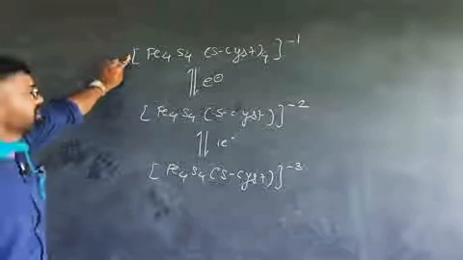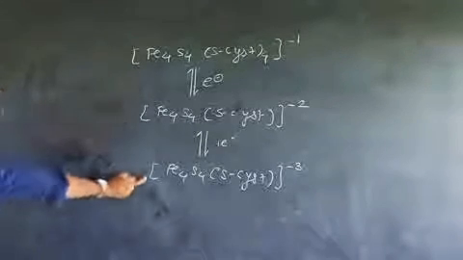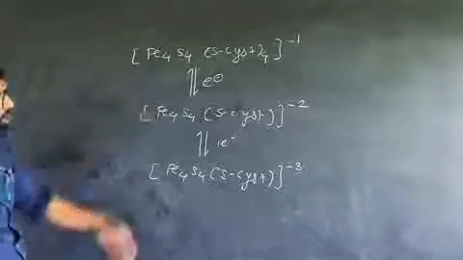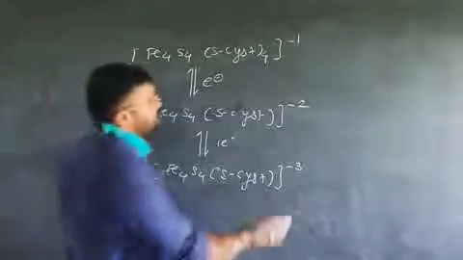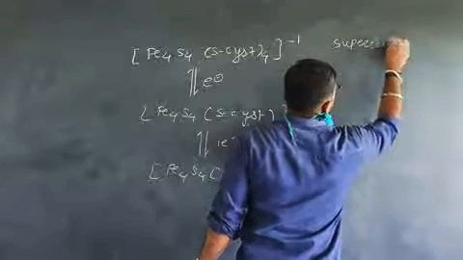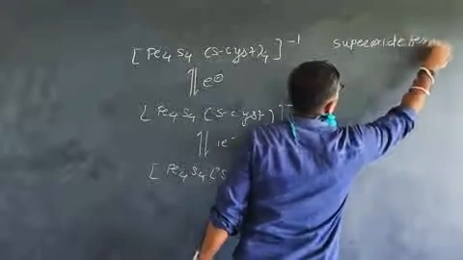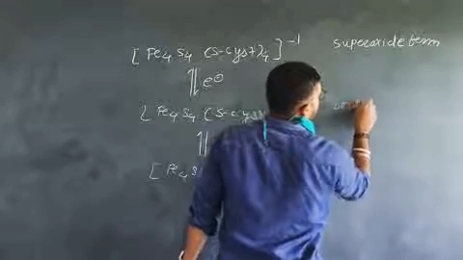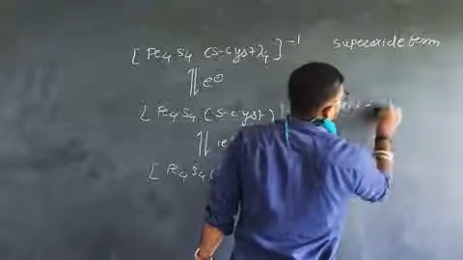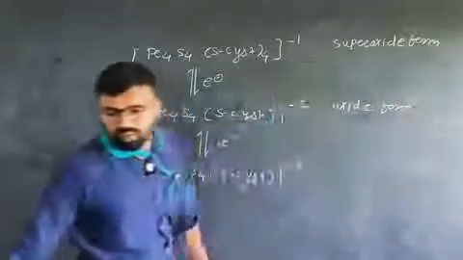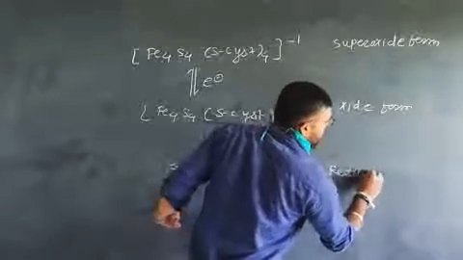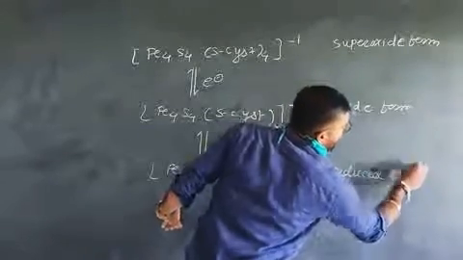That means this is one oxidation state of Fe, this is the second, and this is the third oxidation state, okay. If you see the oxidation state, this is called the superoxide form. This is the oxide form, and this is called the reduced form.